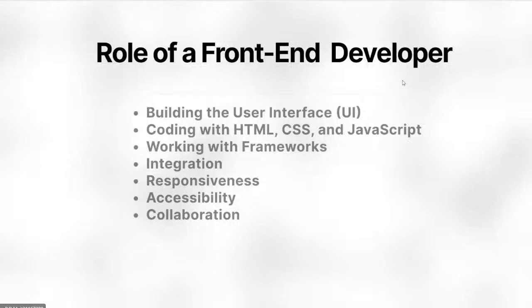So collaboration is also part of the role of the front-end developer. You have to collaborate with multiple roles in the company. The list might get extended, depending on the company or the client you're working with, but at least you will have to interact with those people.